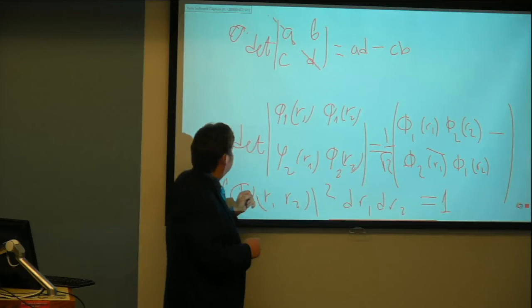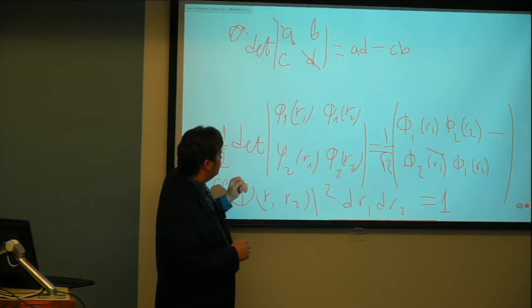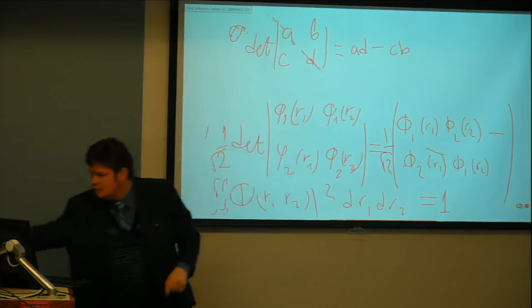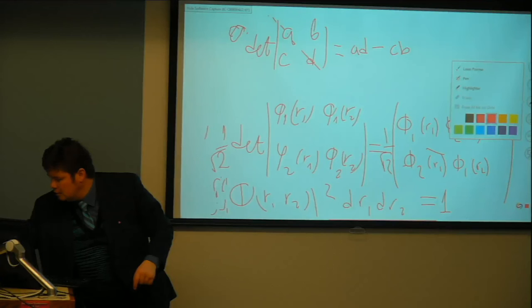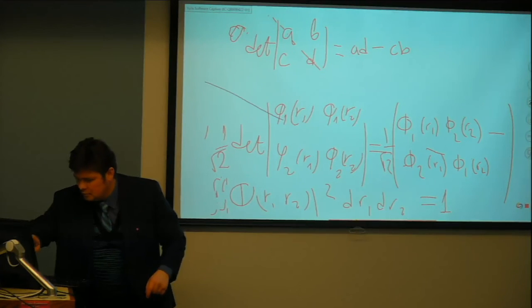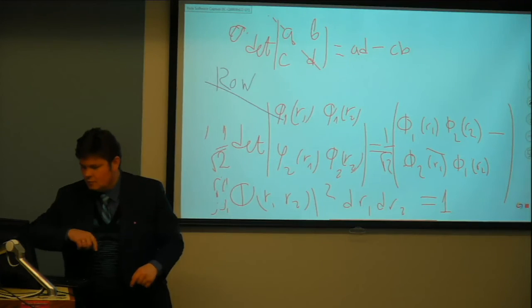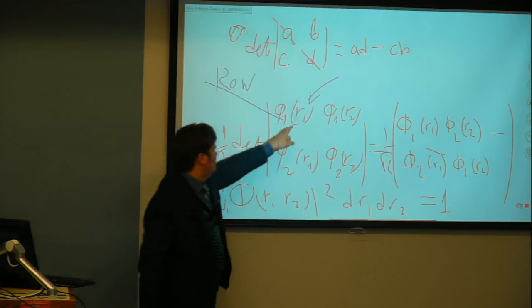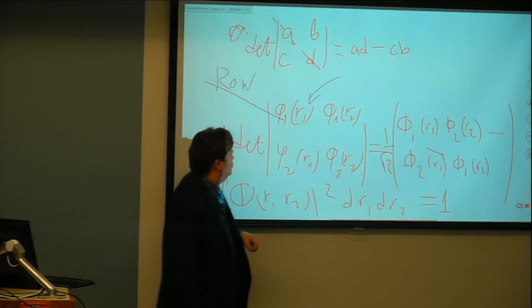So we formulate a matrix where the index of the wave function will specify a row, and the index of the electron will specify a column.